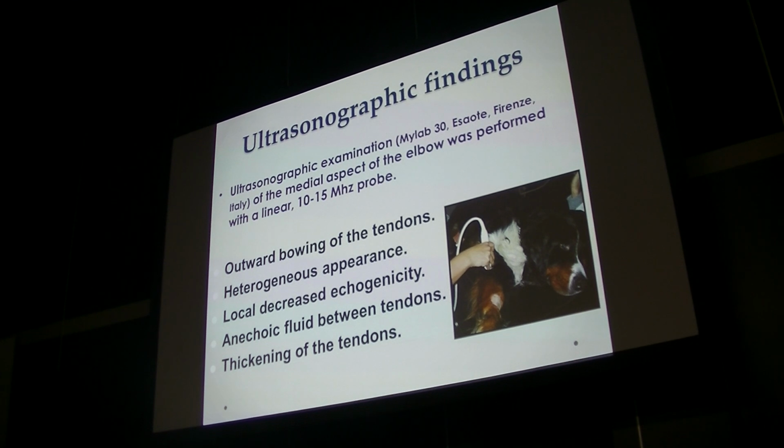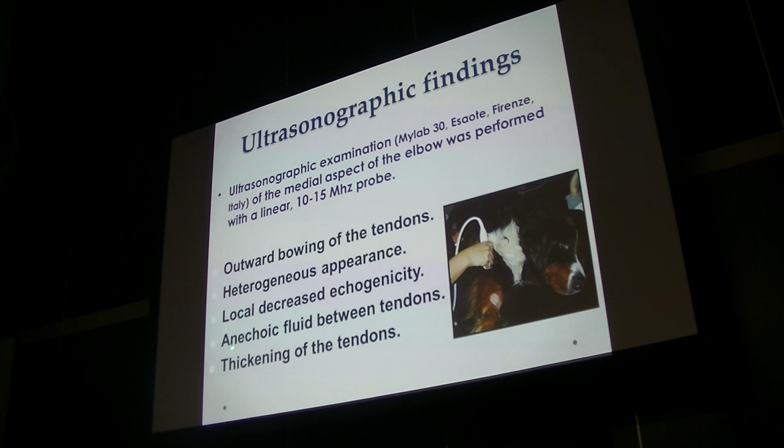What do we pay attention to? It's the outward bowing of the tendons, heterogeneous appearance of the tendons, a loss of echogenicity of the tendons, fluid that can be present between the tendons, and thickening of the tendon tissue itself.